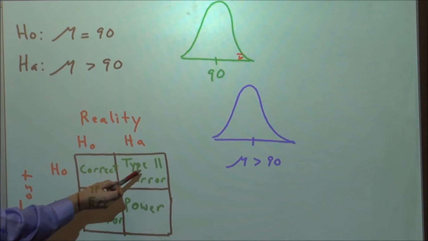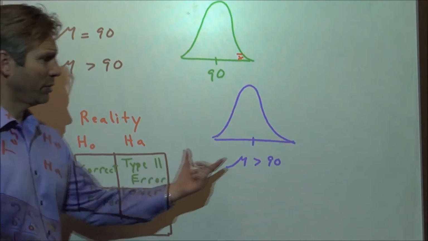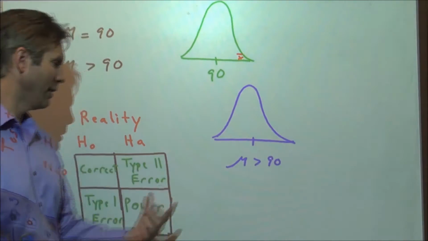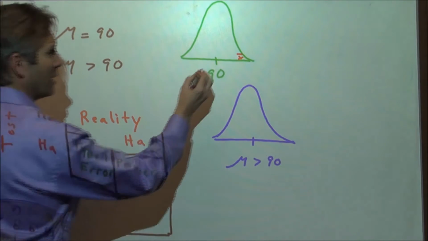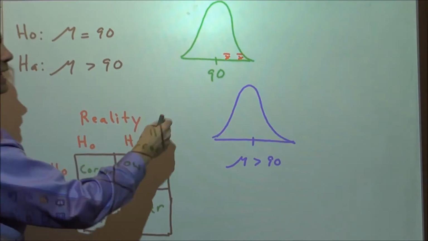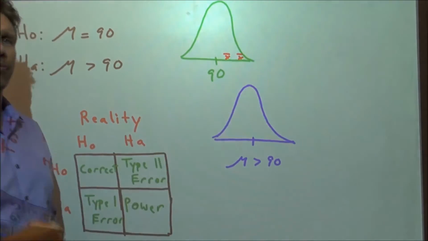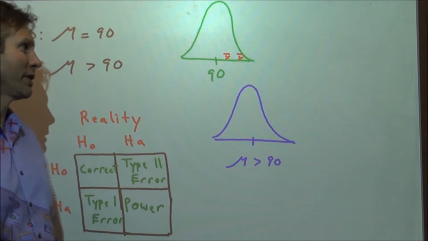So a type 2 error is when the alternative is true, when maybe the true sampling distribution looks more like this up here. And we went with the null in our hypothesis test because perhaps we got a sample mean down here. It might have been above 90, but it wasn't extreme enough for us to be convinced that the alternative was true. It wasn't beyond a reasonable doubt.